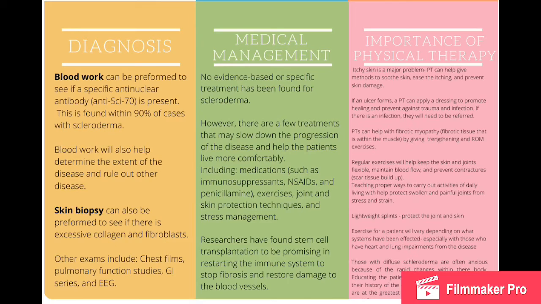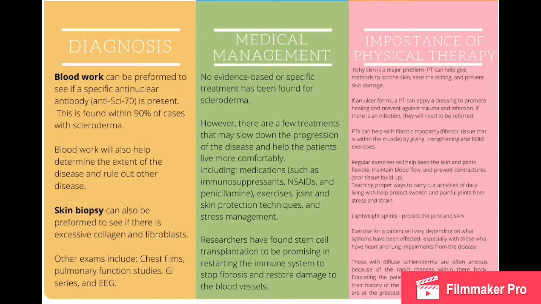Unfortunately, scleroderma is not reversible, but being able to slow down the progression of the disease is definitely helpful. Research has found that stem cell transplantation is promising. So this gives good light for future treatment plans.